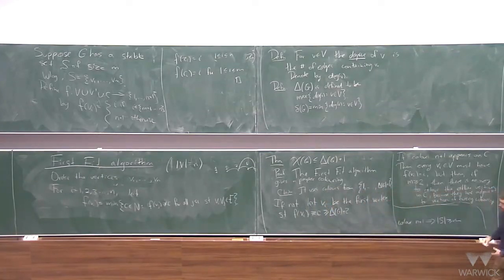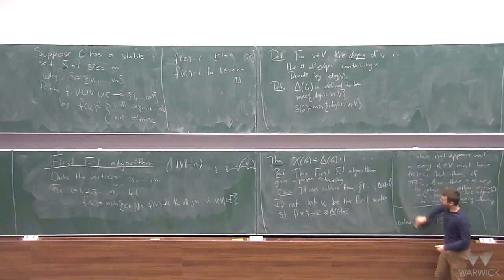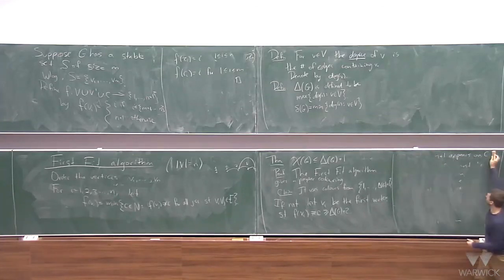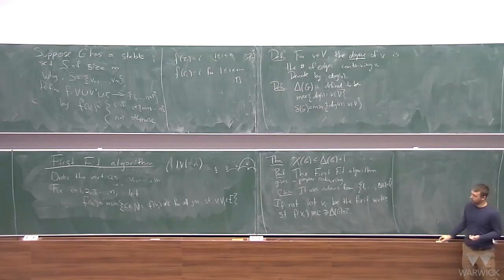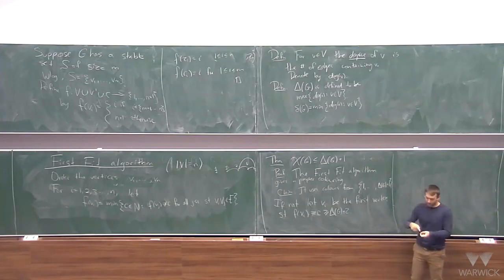Right, the first time that the color went above the max degree plus 1. Of course, if it happens at some point, there has to be a first time. Well, why did the color go that high? You always give the vertex the smallest color that you possibly can. So that means that all of the colors below C must have already been appearing on the vertices adjacent to that vertex.